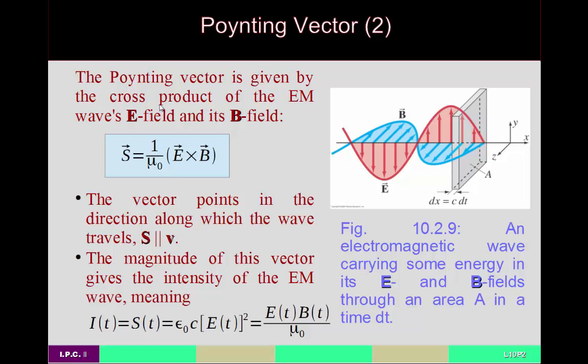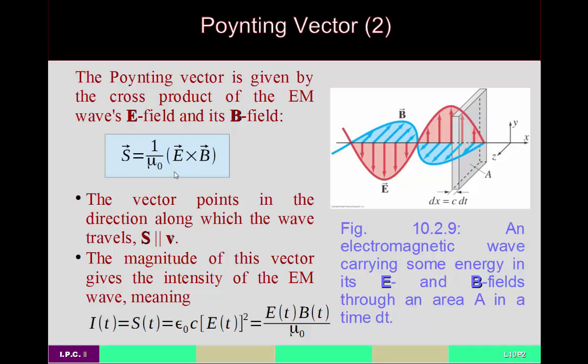It turns out that the Poynting vector itself, because that was a magnitude and we're talking about a vector here, can be given by taking a cross product. The Poynting vector is 1 over mu naught E cross B. So that is how you get the actual Poynting vector. So what direction is the Poynting vector in? Well, E and B are perpendicular to each other, and they're both perpendicular to the direction in which the field propagates.